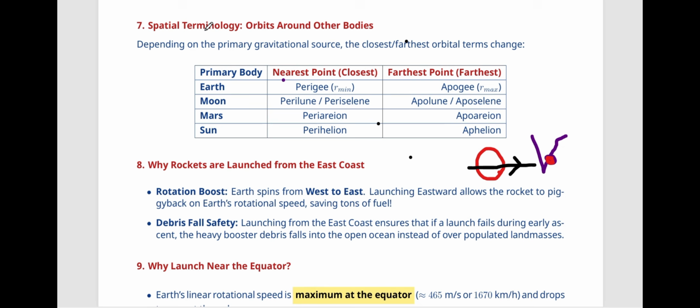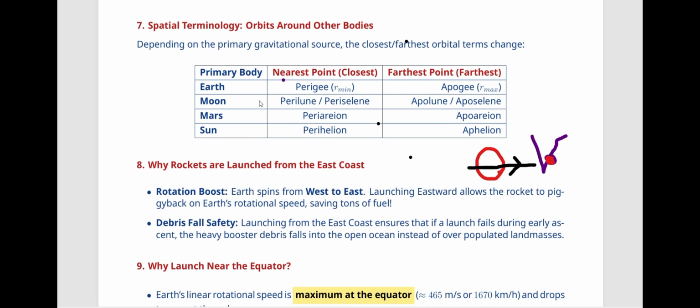Here are some special terminologies we have to go through. We are going around other bodies in orbit. We know some primary bodies: Earth, Moon, Mars, Sun. The nearest point to Earth is the perigee, and in the same way apogee, which we know from the previous lesson.